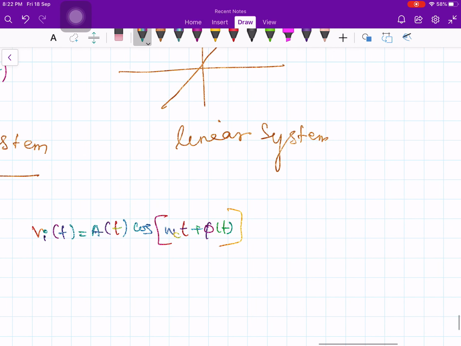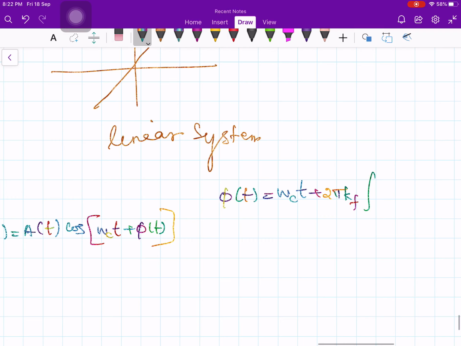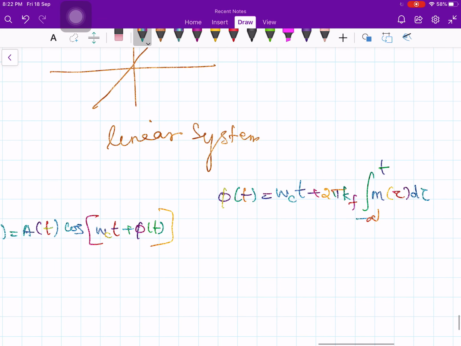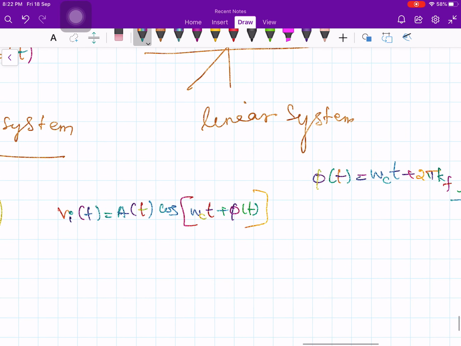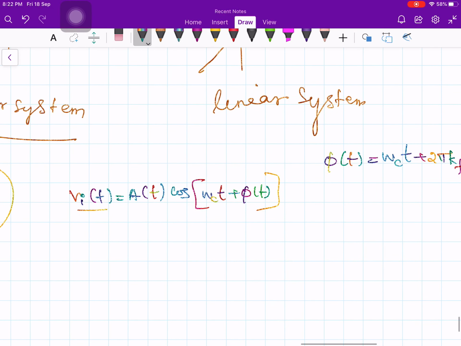What is my phi of t for the FM signal? Phi of t is omega ct plus 2 pi kf integral of m of tau d tau. This one. So Vi of t is the input to the system.